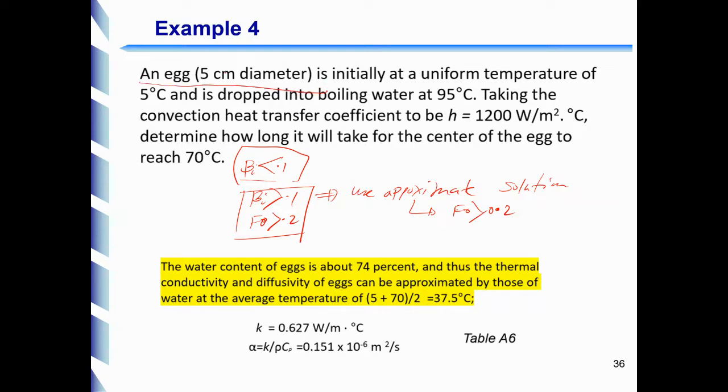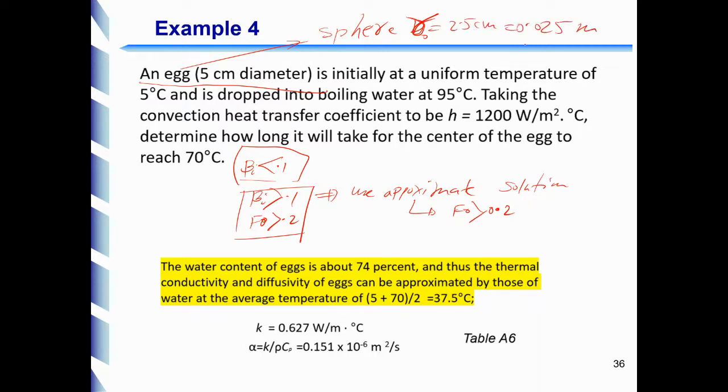An egg, 5 centimeter diameter, is initially at a uniform temperature of 5 degree. So the egg you can consider as a sphere, 5 centimeter diameter, so R0 will be 2.5 centimeter.